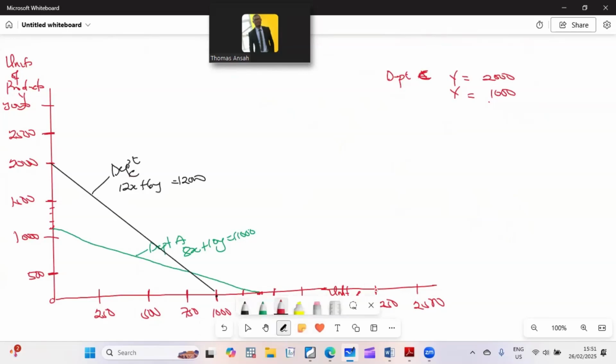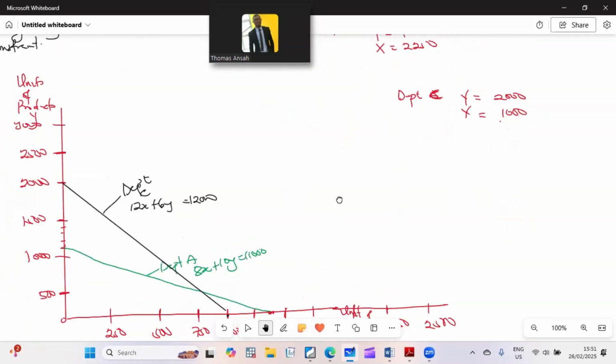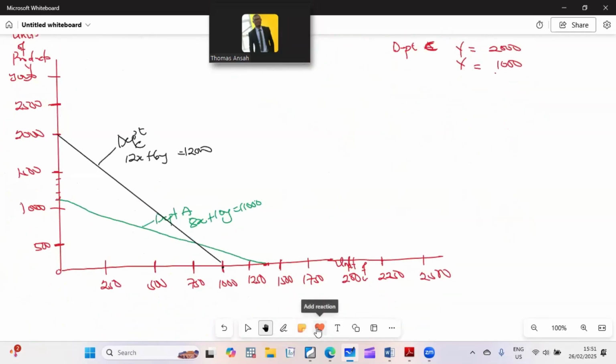Let me change the ink. This is 2,250. And we have 900. 900 should be somewhere below this place. So it should be something like this. Okay.